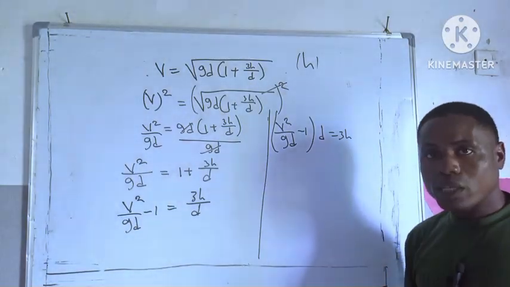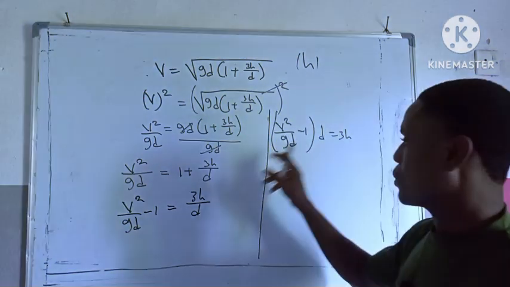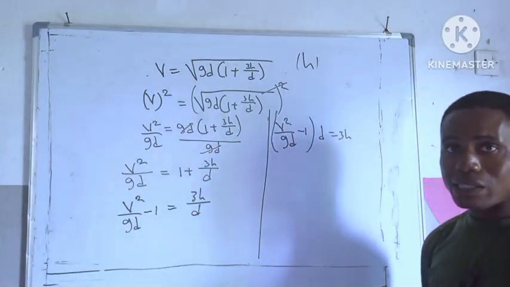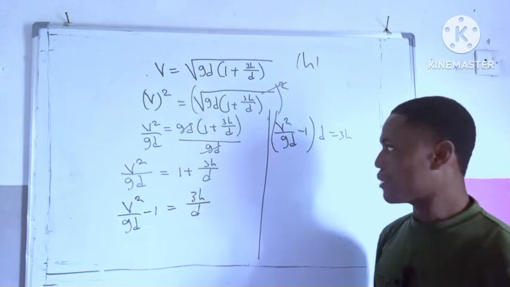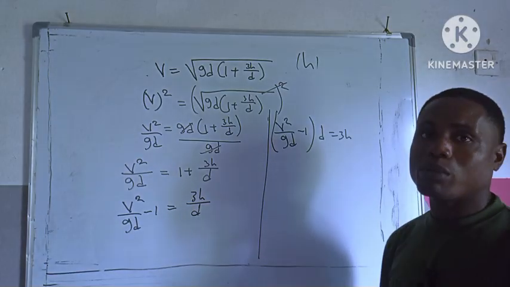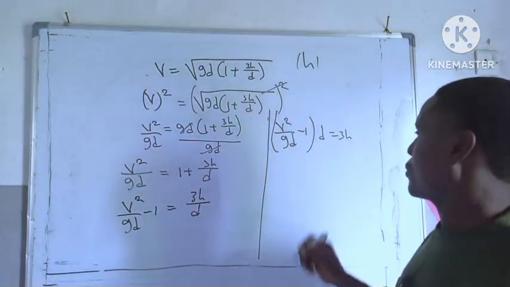So we successfully used the denominator to multiply this side of the equation. Now 3h is standing alone, so this is perfect, and we can easily make h the subject of the formula.